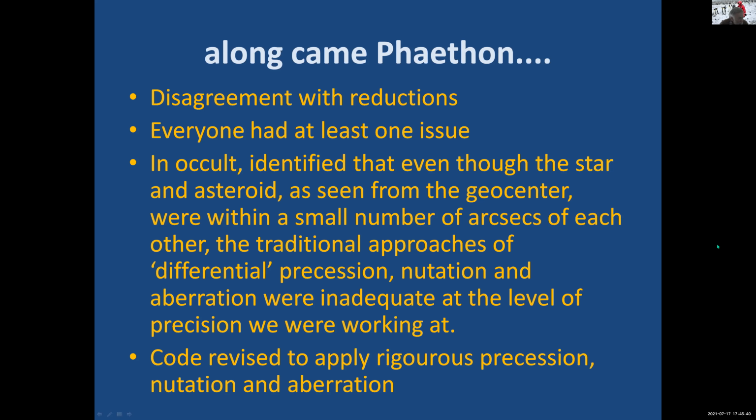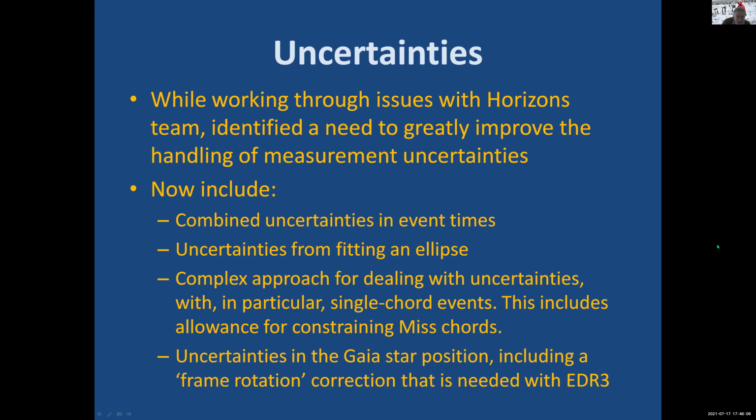So even though the star and the asteroid are, from the centre of the Earth, separated by only, say, 5 seconds of arc, the effects of precession, nutation and aberration over that distance were non-linear, which caused the problem.